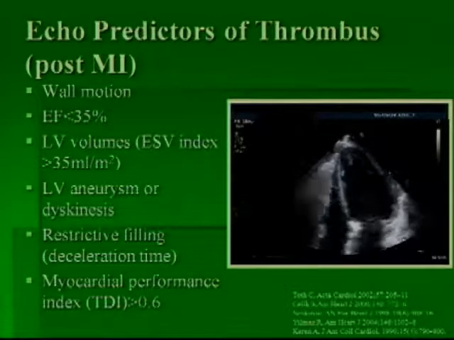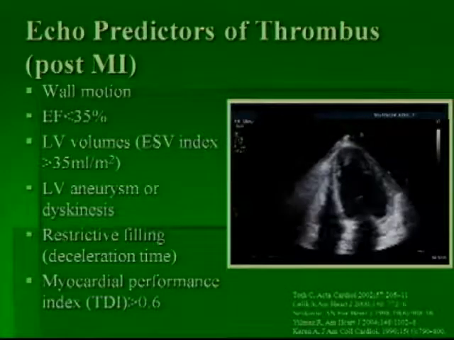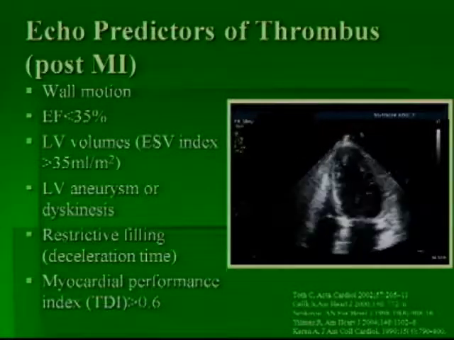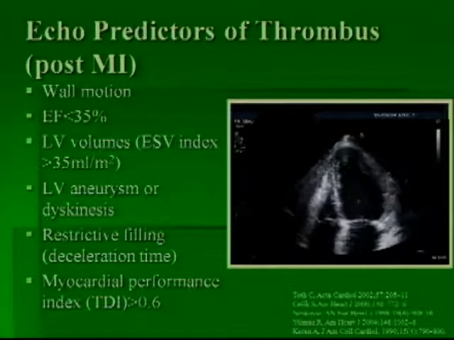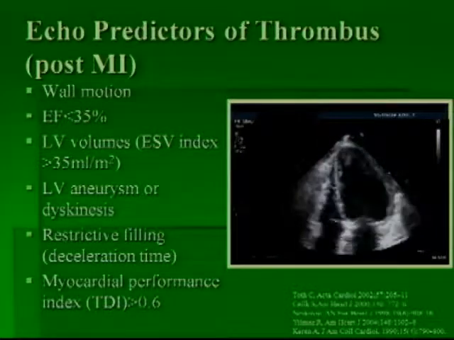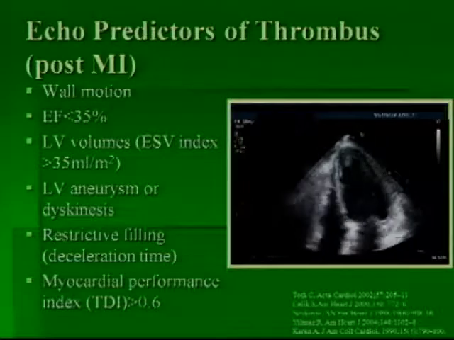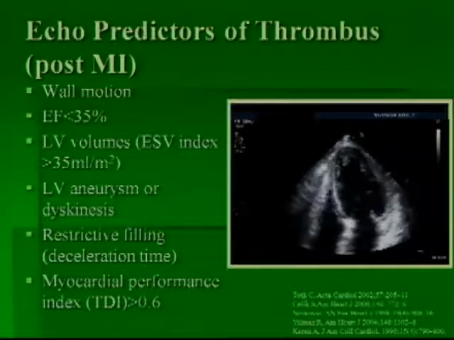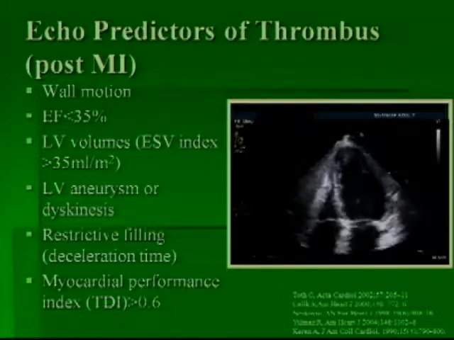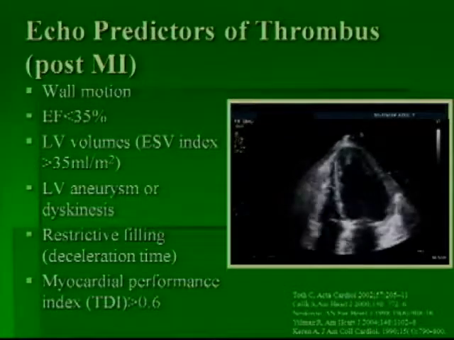Other echo predictors of finding a thrombus within the heart, and these are specifically related to patients who have had a heart attack, include wall motion abnormalities, a low ejection fraction, less than 35%, a large left ventricular end systolic volume index, greater than 35 milliliters per meter squared, indexed, of course, to body surface area, left ventricular aneurysms or dyskinesis.